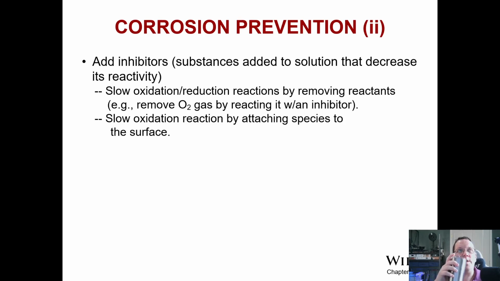So corrosion prevention, you want to add inhibitors. You want to slow down the oxidation reduction process by removing reactants, so eliminating oxygen from the environment. If it's going to exist on Earth, that can tend to be pretty difficult to do. Or you can attach other species to the surface.